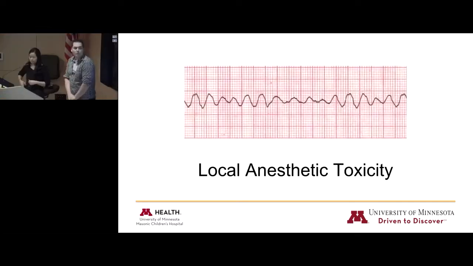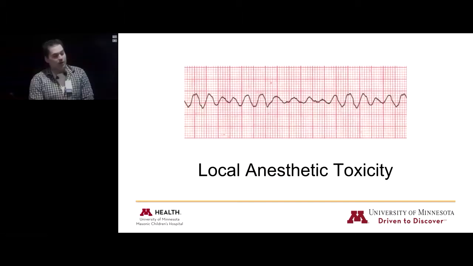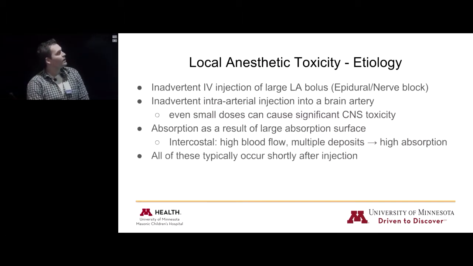I'm going to speak about local anesthetic toxicity because it is a real concern in certain moments, and it can be very dangerous, life-threatening, even deadly. How does it occur? The most common moment is when we do a large injection of epidural or nerve blocks with a local anesthetic, and if this accidentally ends up in a vein, then this can cause toxicity.